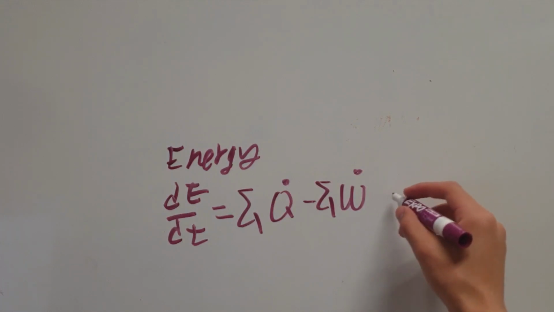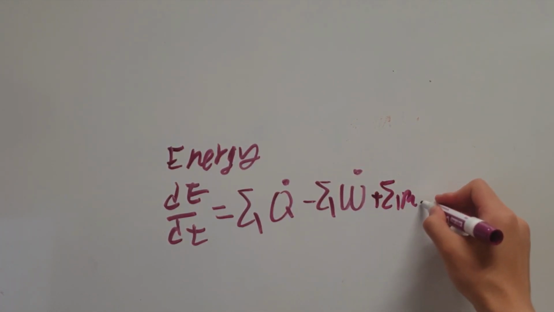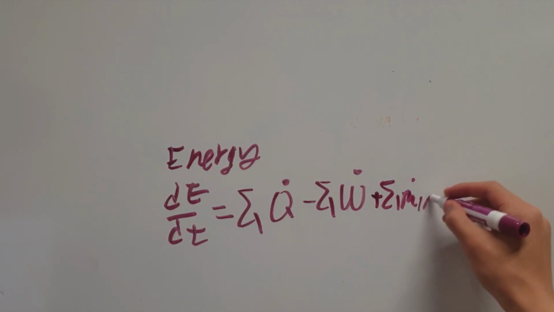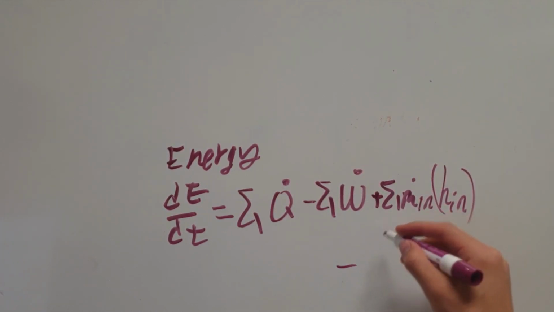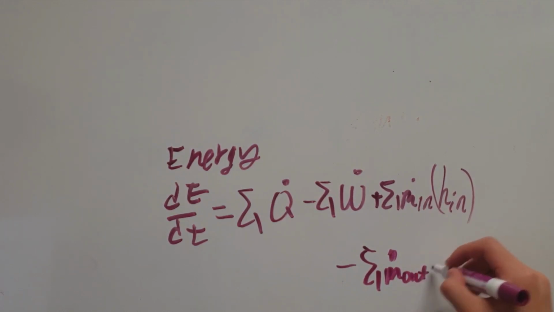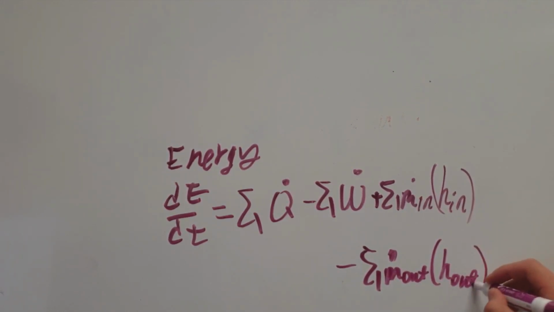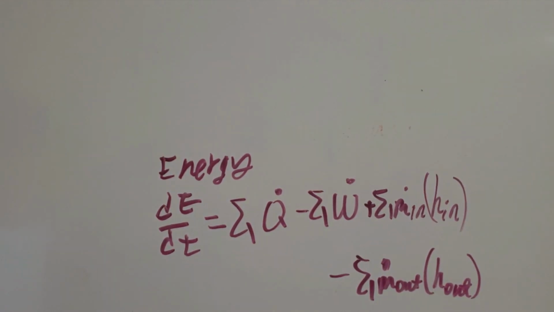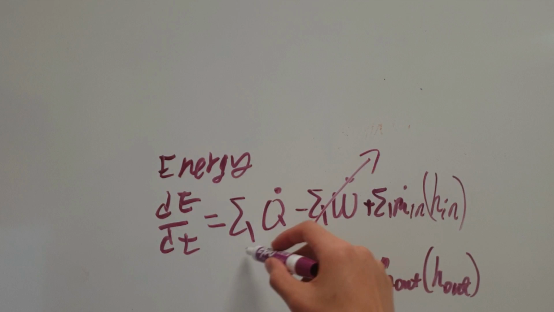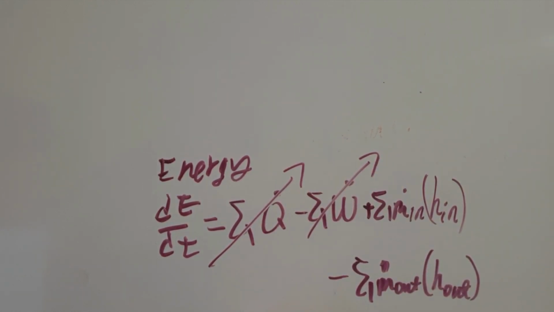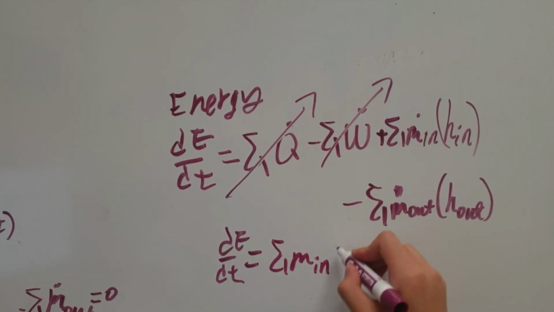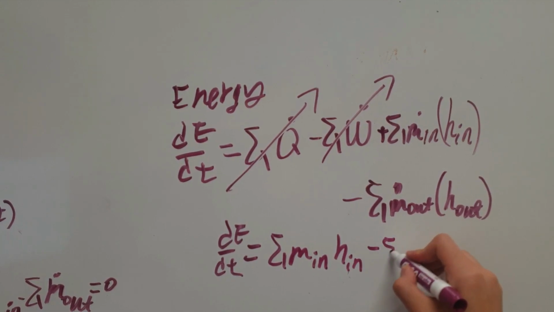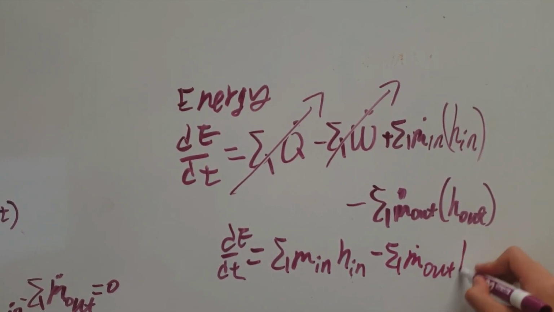In addition to this, we're going to put the sum of m dot in times h in, minus m dot out multiplied by h out, where h represents enthalpy. Because there's no work done, nor any heat transfer, we can put dE over dt equal to m dot in h in minus m dot out h out.